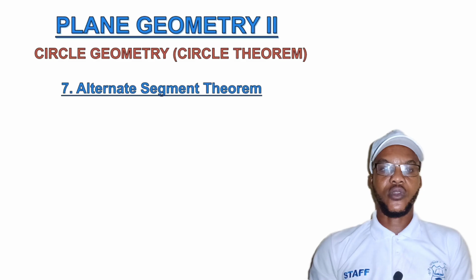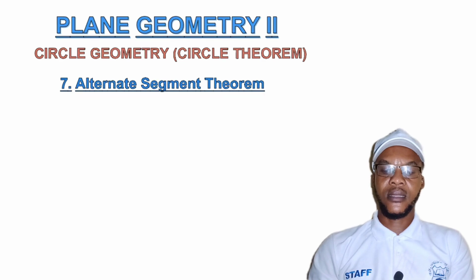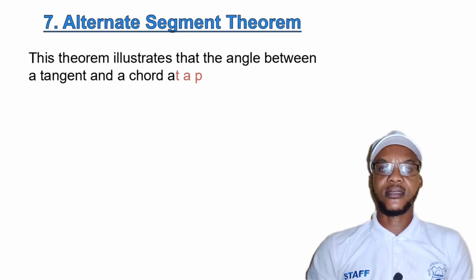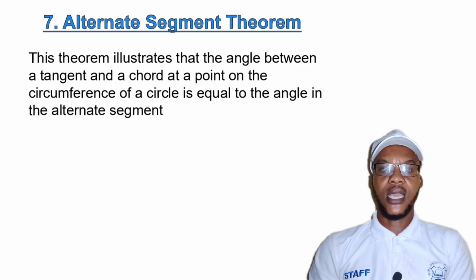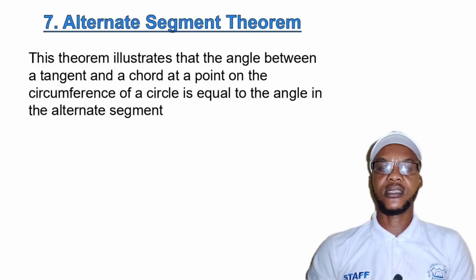So when we talk of theorem 7, the alternate segment theorem, what does it say? This theorem illustrates that the angle between a tangent and a chord at a point on the circumference of a circle is equal to the angle in the alternate segment.